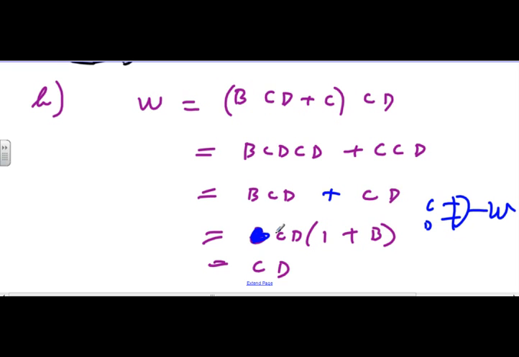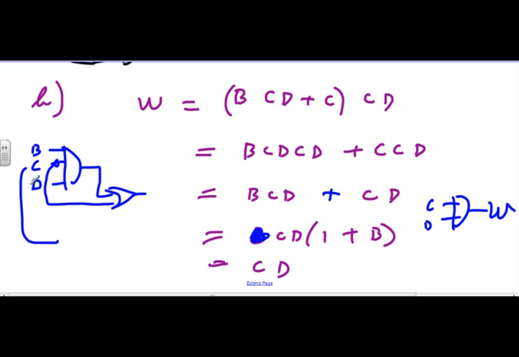On the other side, I got C, D, B. 1, 2, 3, and an AND. That's going to be ORed. And then I'm going to take C and D, bring it into that OR, and into W.